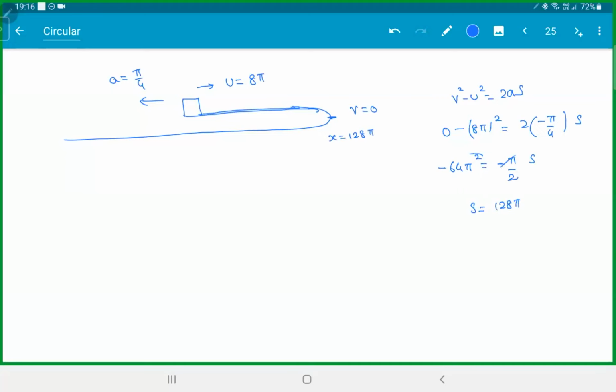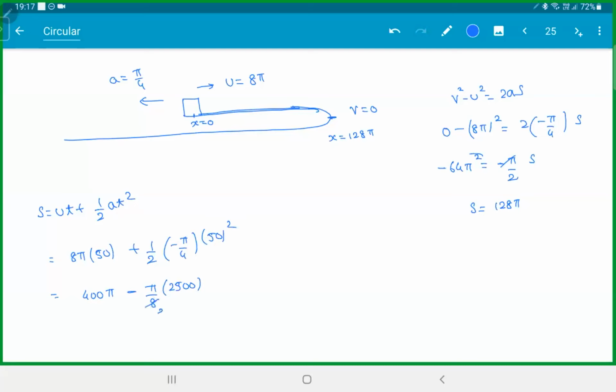I know I'm writing pi and all, but you can write this as omega, theta, and everything. This x is equal to 0. And we can use the formula S is equal to ut plus half at square for 50 seconds. 8 pi times 50 seconds plus half times minus pi by 4 times 50 square. This would be 400 pi minus pi by 8 times 2500.